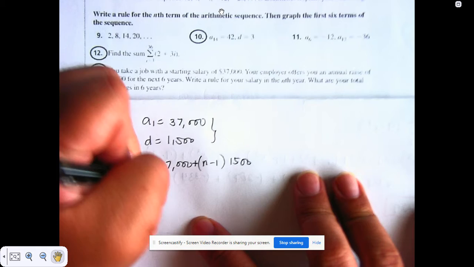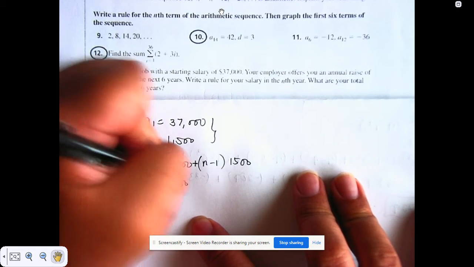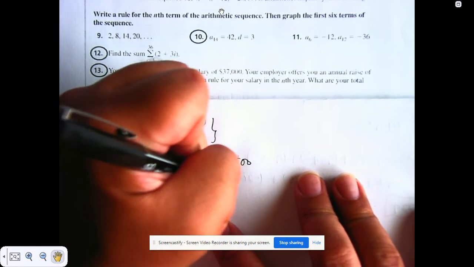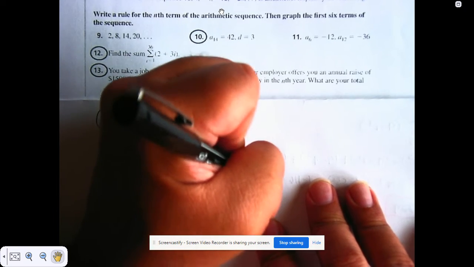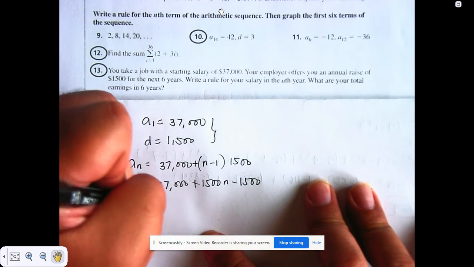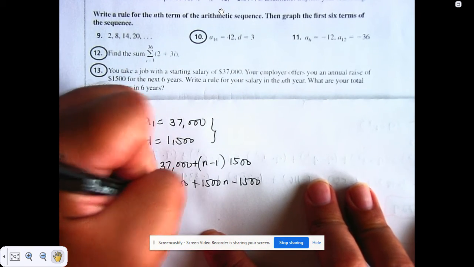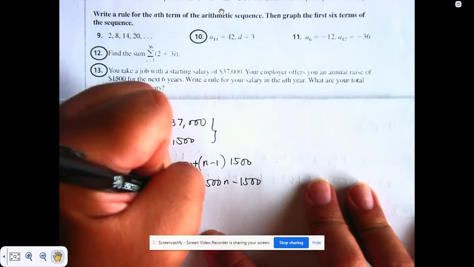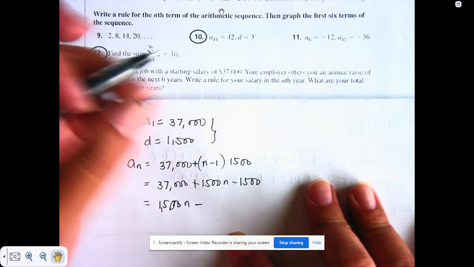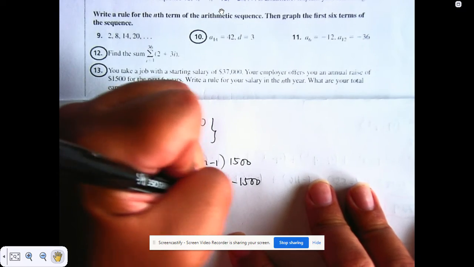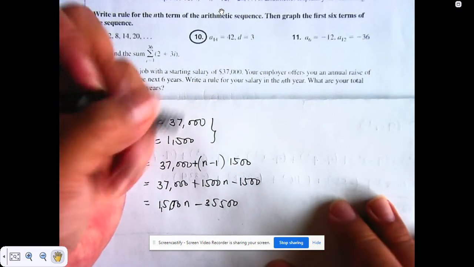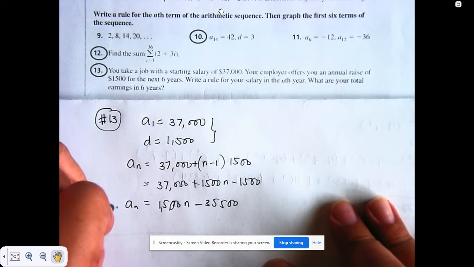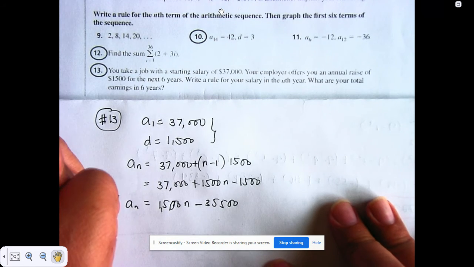So that's going to be 37,000 plus 1,500n minus 1,500, so it's 35,500 plus 1,500n. That's one of the answers.